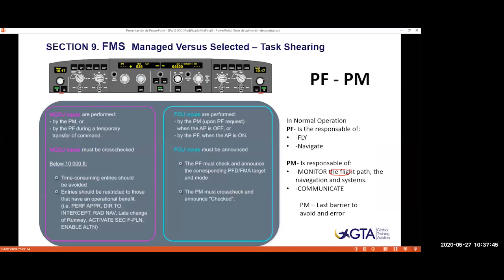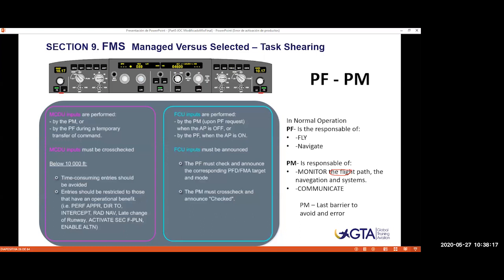We are still talking about the FMGC, the flight management system, and we already see that we are talking a little bit about what is taxiing. In Airbus, there are two pilots, each with their own role: pilot flying and pilot monitoring. What is the pilot flying?